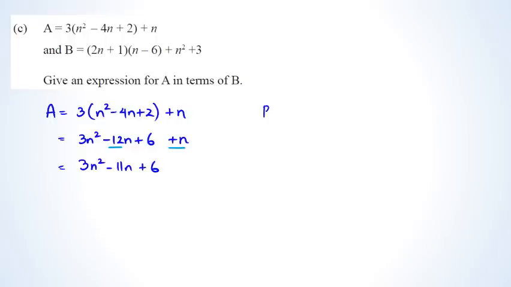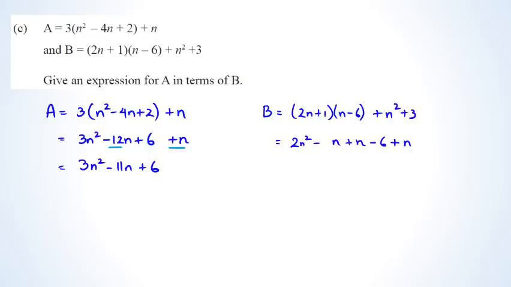So I need to do the same thing for b. So b equals 2n plus 1, n minus 6, plus n squared plus 3. So working out my quadratics, 2n times n is 2n squared, 2n times minus 6 is negative 6n, plus 1 times n is plus n, and 1 times negative 6 is negative 6.